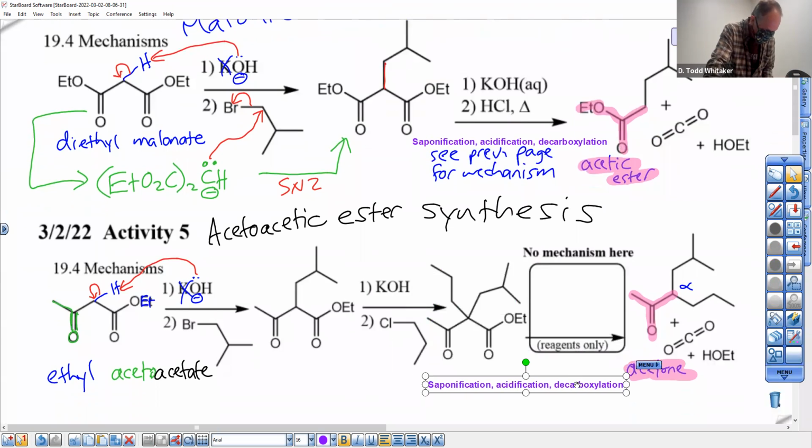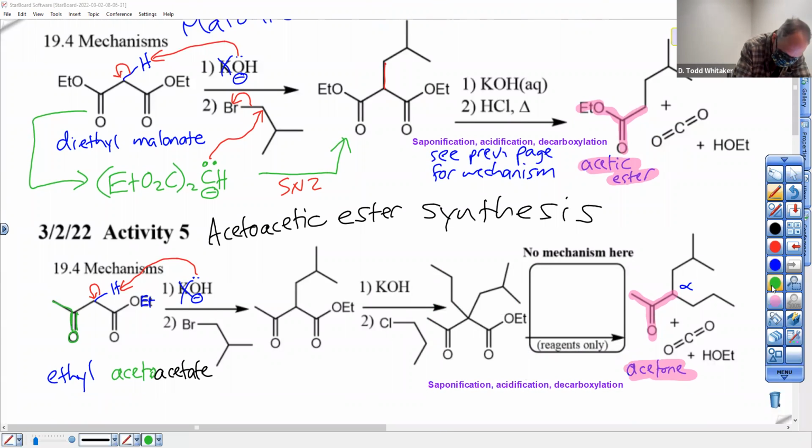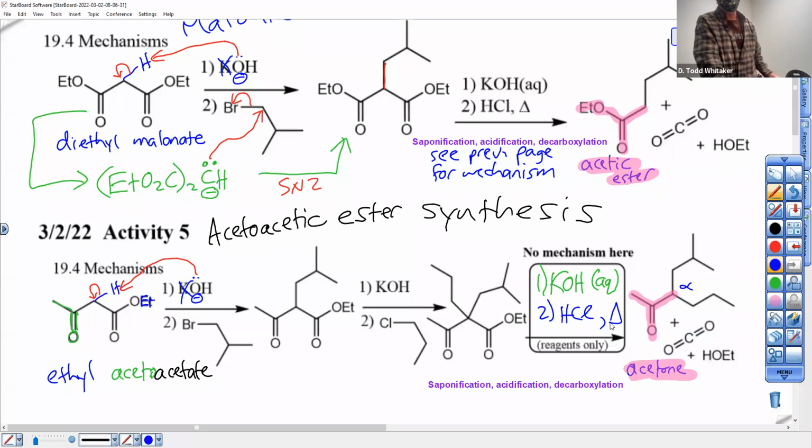Reagents only. How do you do saponification, acidification, decarboxylation? KOH aqueous, saponification. Acidification, HCl. Decarboxylation, heat of an acid that's beta to a carbonyl.